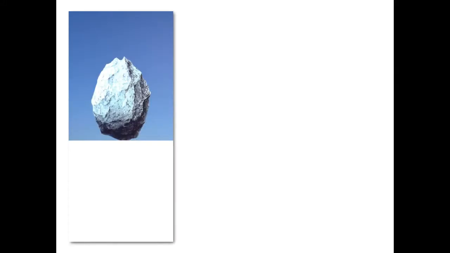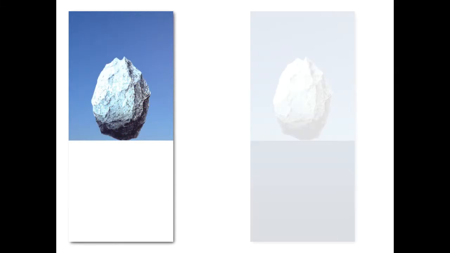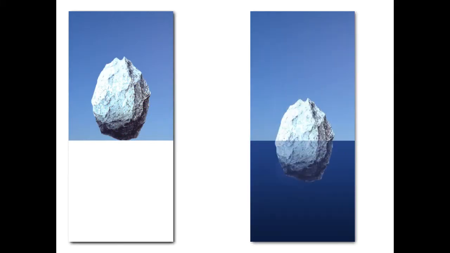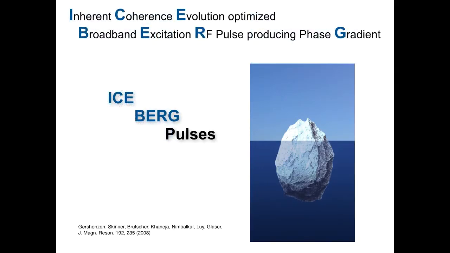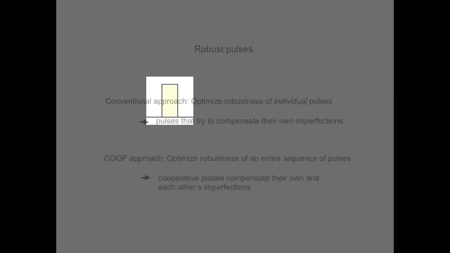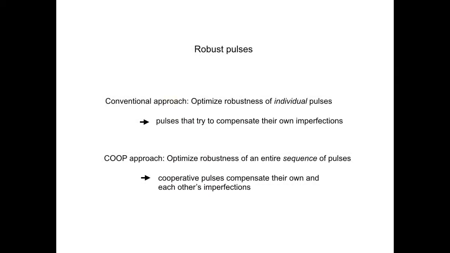It's a little bit like an iceberg: if you try to compress it up here, you stop at a certain limit. But if you put it in some water, it sinks to a level where it's comfortable. So just like an iceberg, only part of a pulse works outside of the evolution period. And there's a nice acronym for this: it's called Iceback pulses. Okay, so now we have looked at these standard sequences.